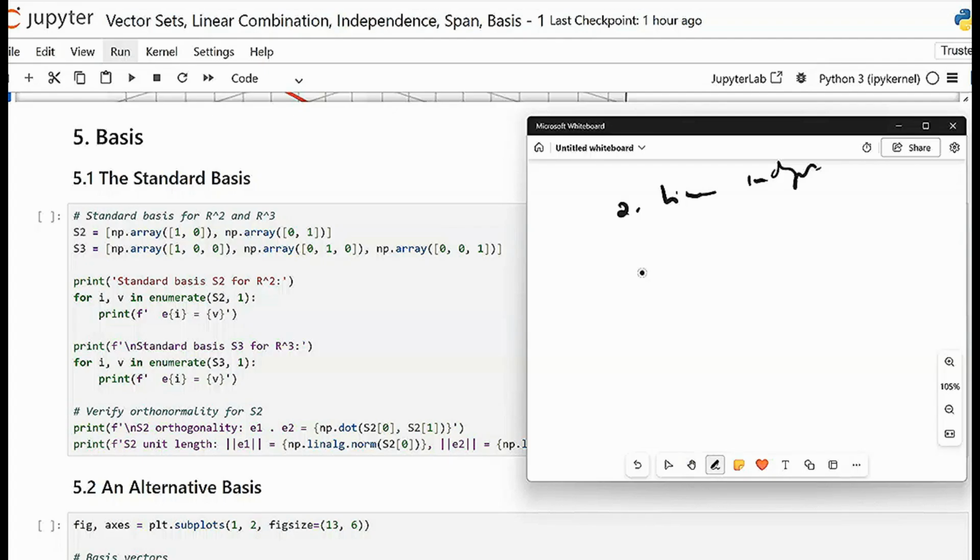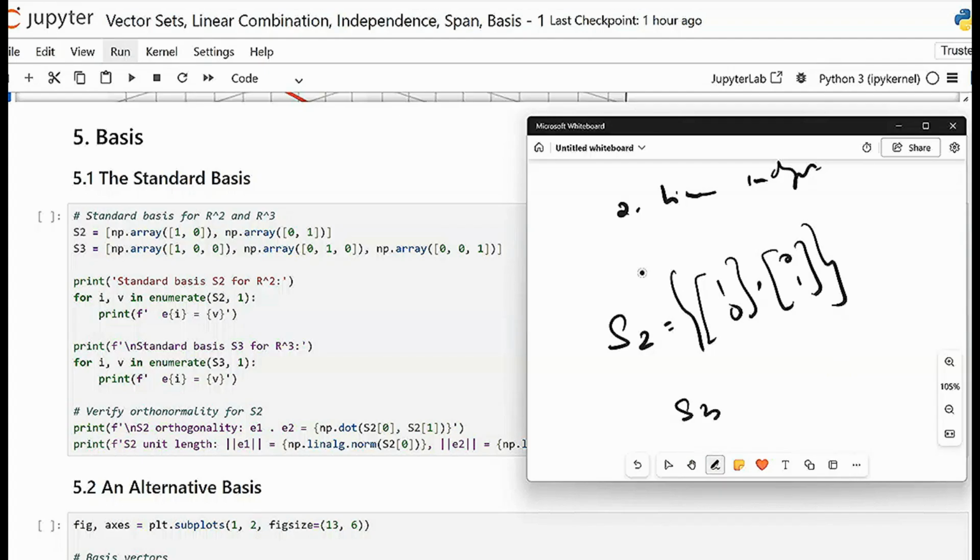For example, if we have S2, it is equal to 1 comma 0 and 0 comma 1. Observe, this is the set 1 comma 0 and 0 comma 1. And here is another one, which we call S3.